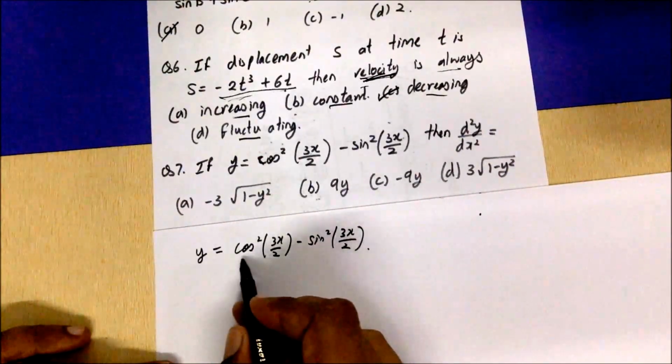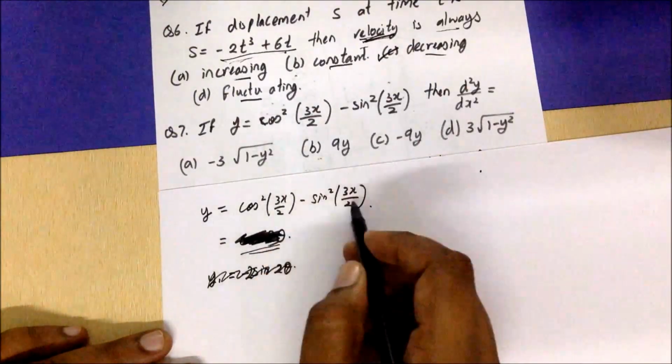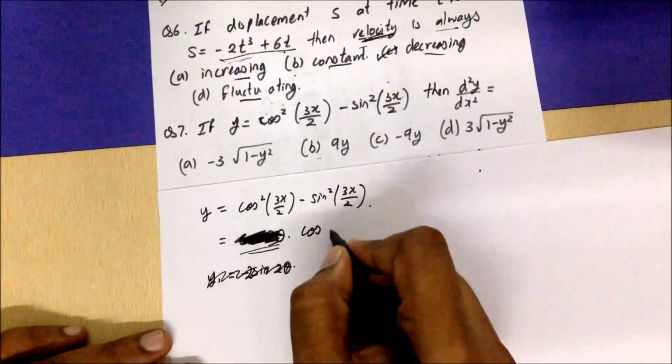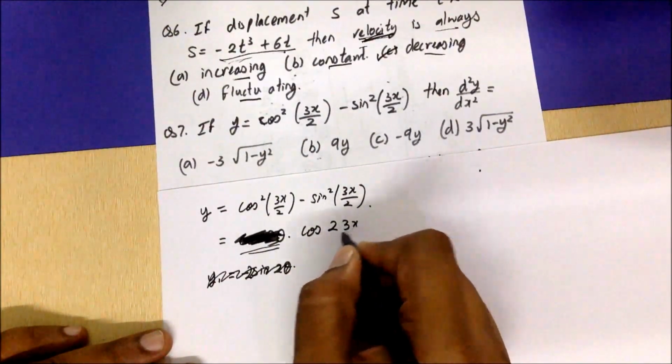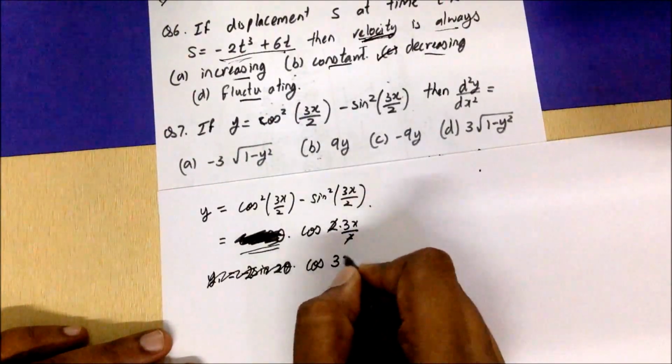So this is of the form cos square theta minus sin square theta, which is the formula for cos 2 theta. So that's going to be cos of 2 into 3x by 2. The 2 gets cancelled. So it's going to be cos of 3x.